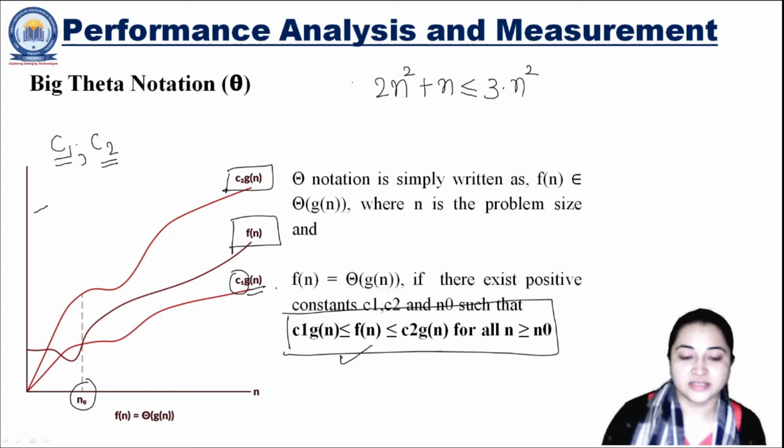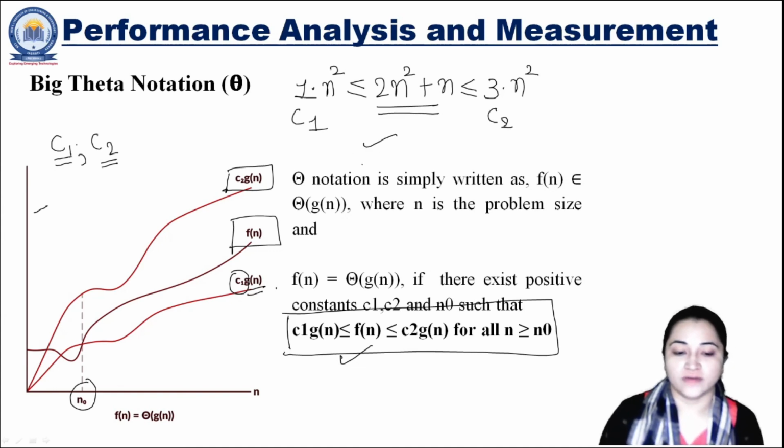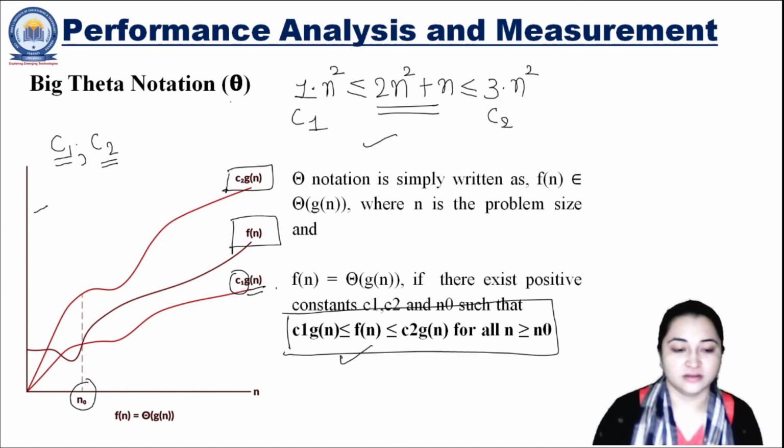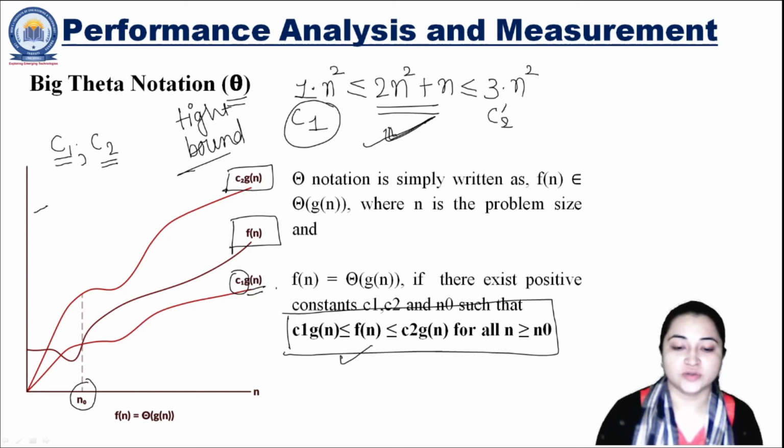And as we had seen in omega, we had selected a constant as 1 and g of n as n square. So in this case, c1 will be 1 and c2 will be 3, and this will hold true for values 1 and 3. Means theta provides tight bound for f of n. Means f of n will always grow between these two values of g of n with constants c1 and c2.